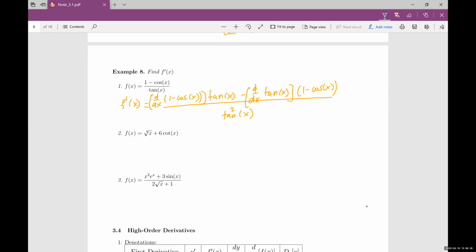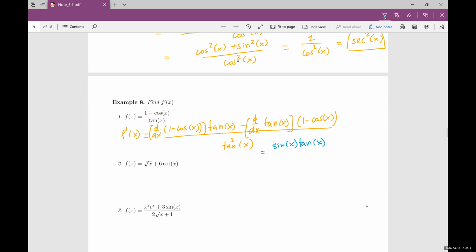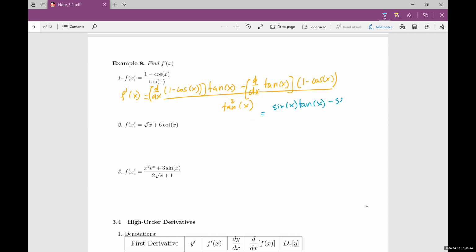What is the derivative of cosine? Negative sine, but with the negative in front, that will give you sine times tangent of x. Okay, the derivative of tangent of x that we just found earlier is secant squared of x, right? Times 1 minus cosine of x. And everything divided by tangent squared of x. You can leave it this way. You don't have to simplify it. I don't think it can be simplified any further anyway.